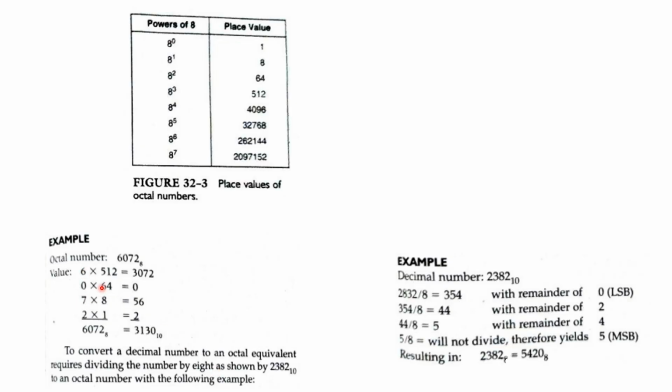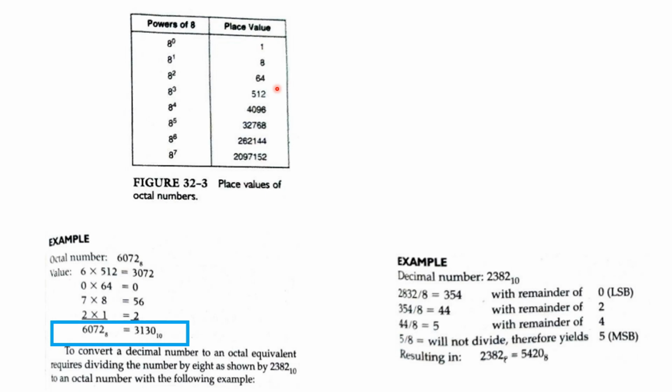So if this is the octal number, then 2 is raised to the 0, so it's 1, then 8 to the first power, so it's 8, to the second power, so that's why it's 64, and then to the third power, so it's 512.